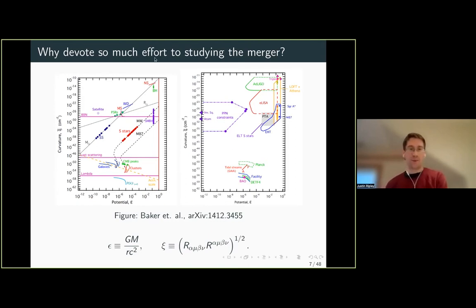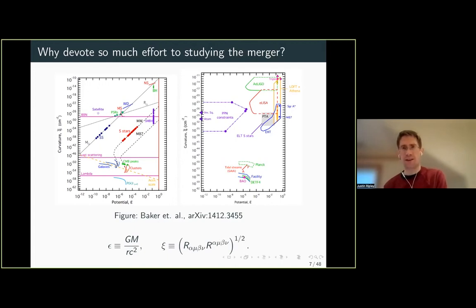So really binary black holes and neutron stars, which sit at the very top right-hand side of these panels, and the right side is the same scale, but now showing where different experiments sit. That's what numerical relativity can help you probe, this very high curvature, very high potential. So that's why you want to devote the amount of energy that has been devoted to numerical relativity to studying the merger phase. You want to get at high curvature scales.